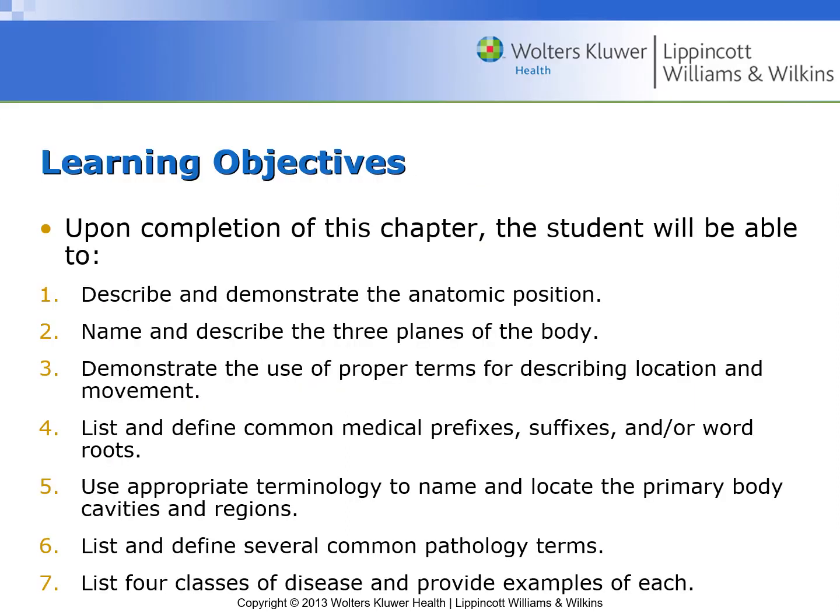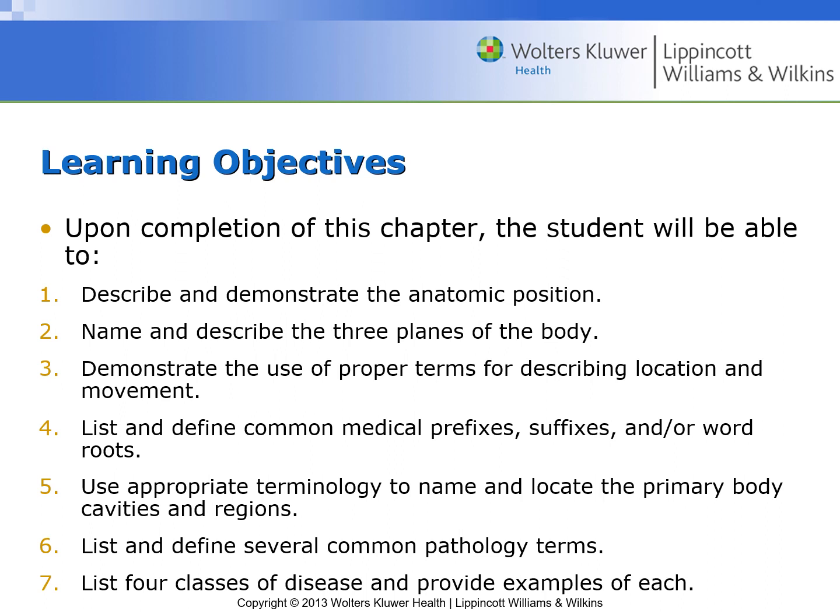So the learning objectives for today's lecture are, upon completion of this chapter, the student will be able to describe and demonstrate the anatomic position. The student will also be able to name and describe the 3 planes of body movement. They will also be able to demonstrate the use of proper terms for describing location and movement.